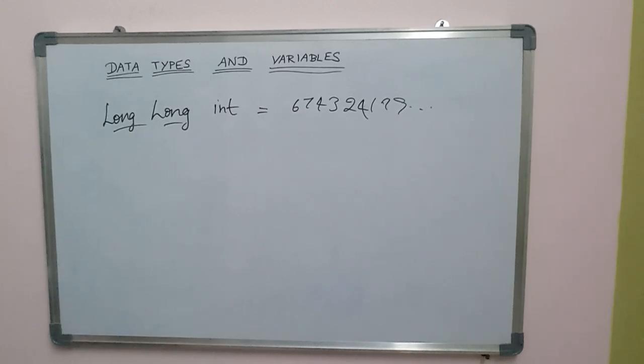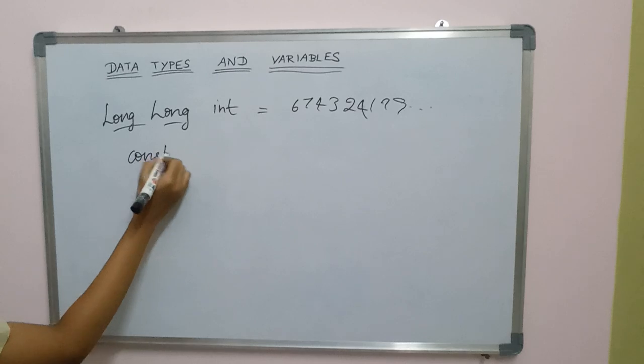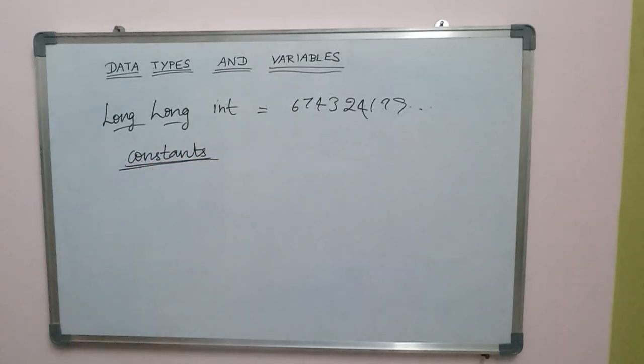The next thing we are going to see is constants. What is the usage of a constant? It is used if you don't want to change what you have declared.